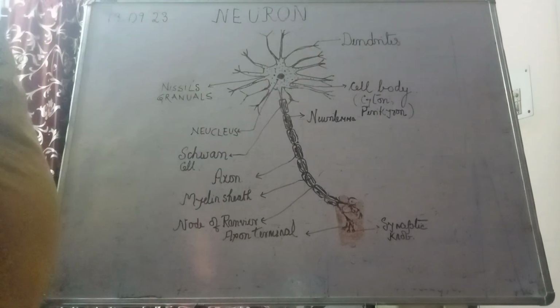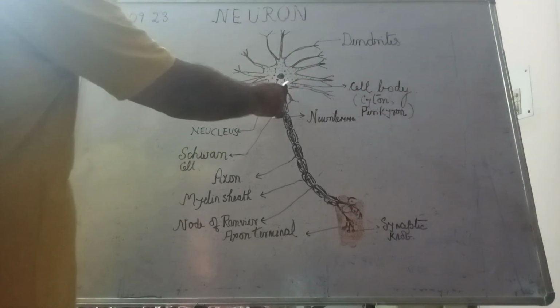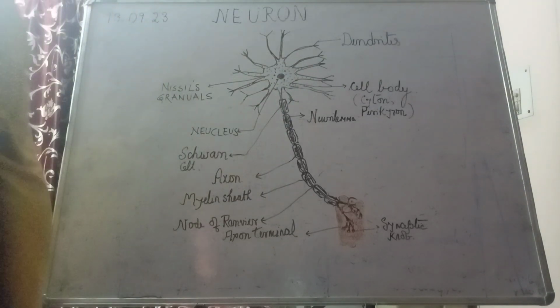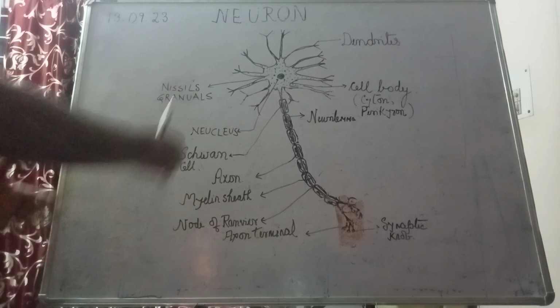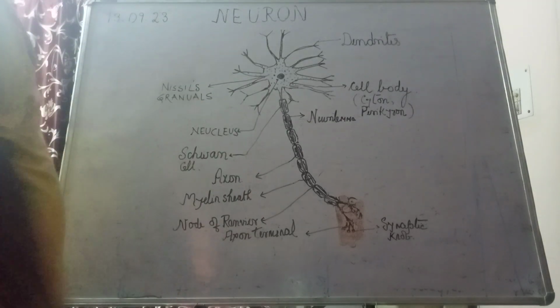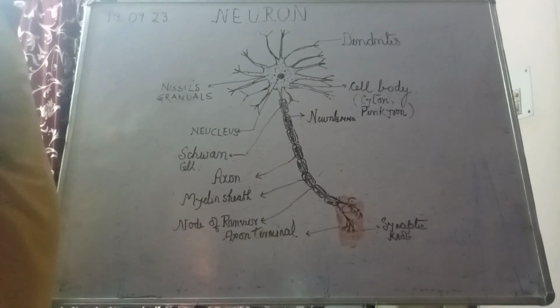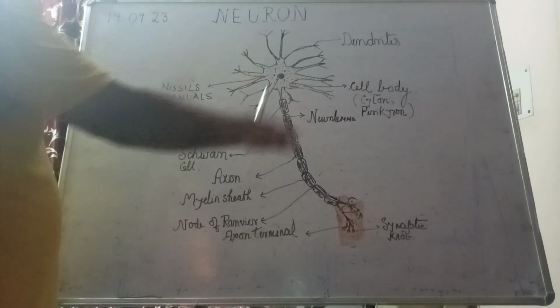Can be compared with the tree, isn't it? These are the branches, this is the stem, and this is the root. And then head and tail, as I said. About the size of the neuron, if you take the cell body or cyton, what could be the diameter?